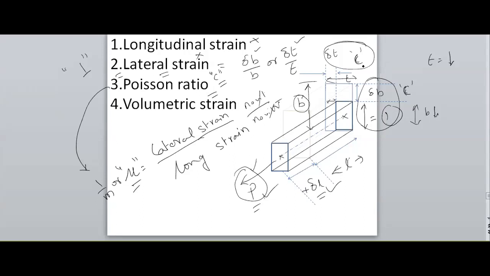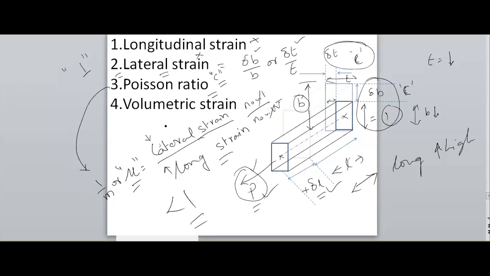And the value of the Poisson ratio is always less than 1, because the lateral strain is less than the longitudinal strain. Here, the longitudinal strain will be somewhat higher because the load is acting in this direction, and the lateral strain is somewhat lower.